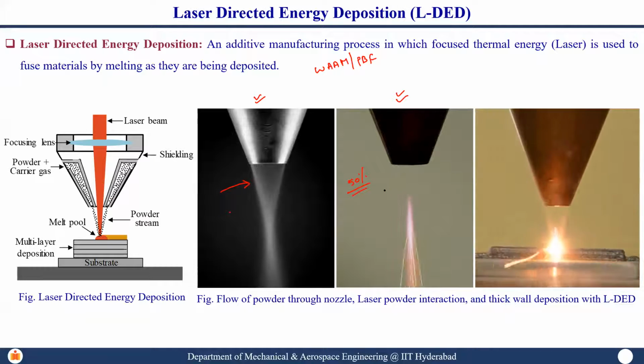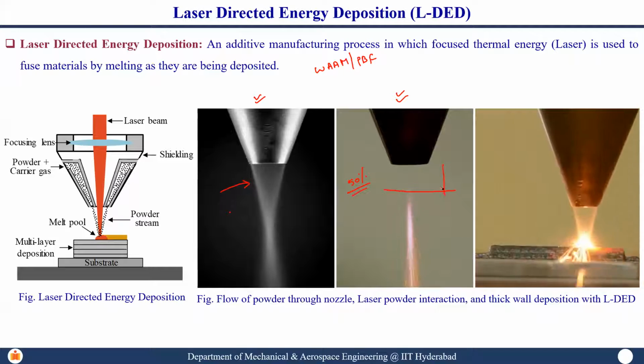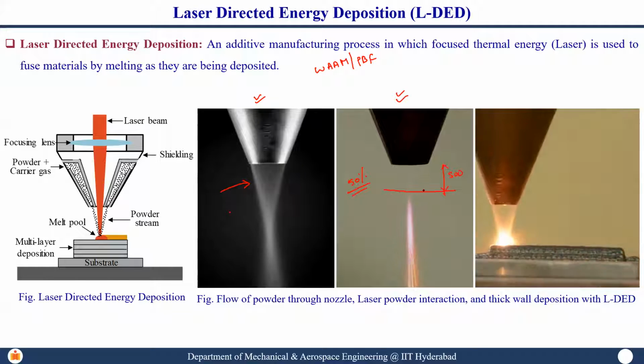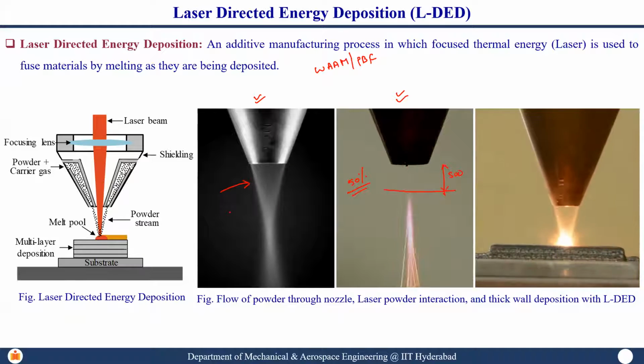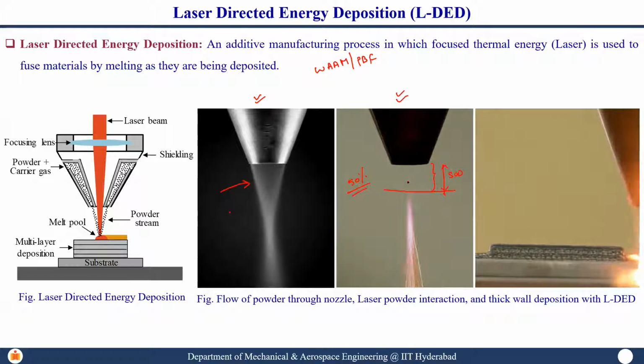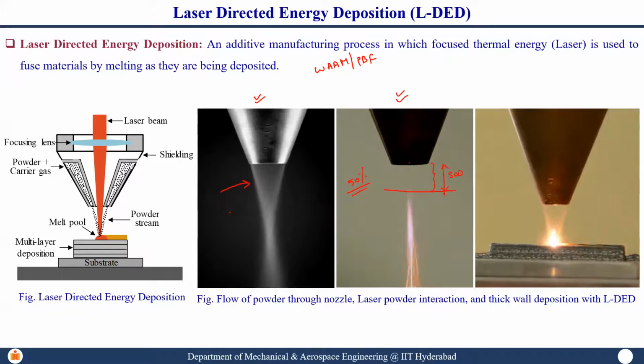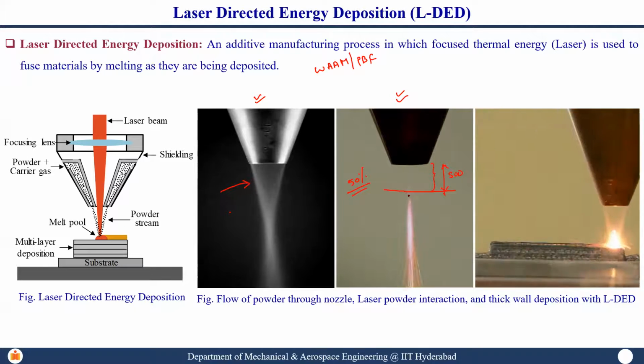Let us say I keep my substrate over here, because this is what we call the standoff distance. If you see within this location, there is no interaction between the laser and the powder, which essentially means the whole laser energy will couple into the substrate.